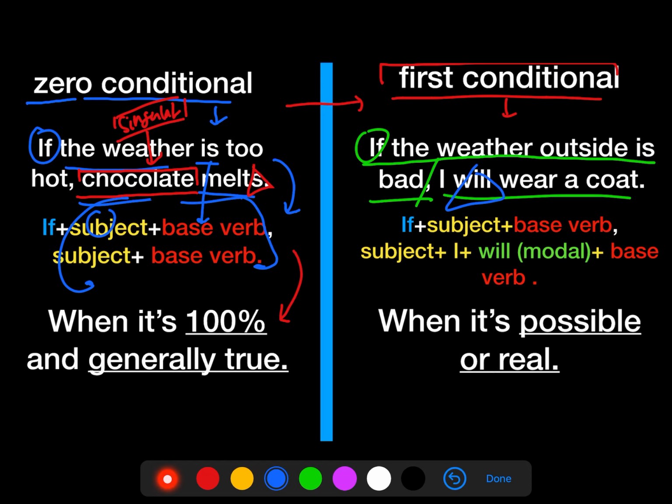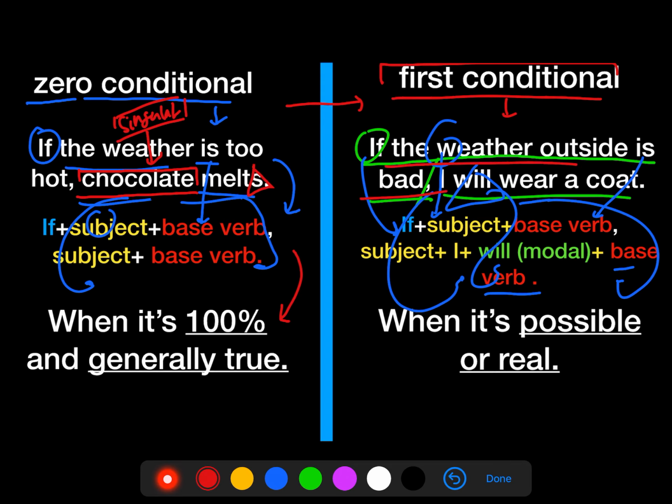If the subject, the weather outside is bad, I will wear a coat. We use the first conditional when it's possible. It's possible that the weather outside can be bad. So we say first conditional: if the weather outside is bad, I will wear a coat.